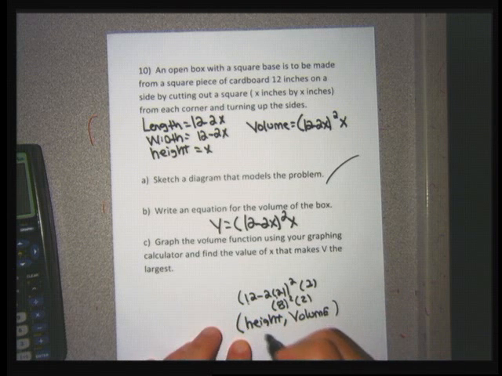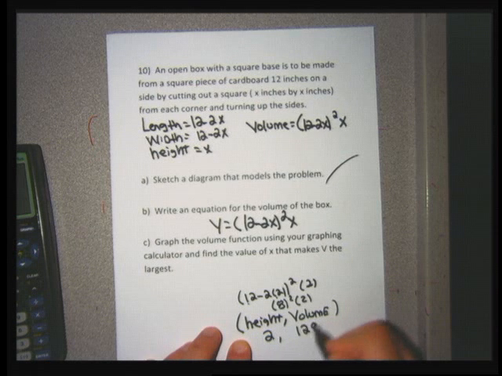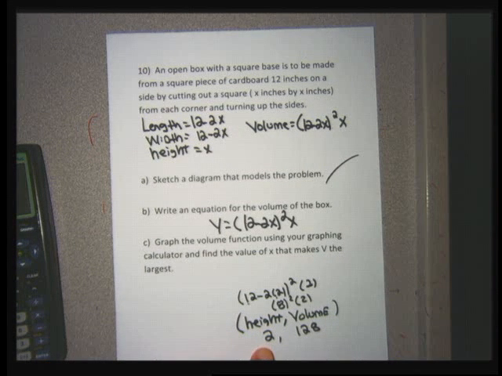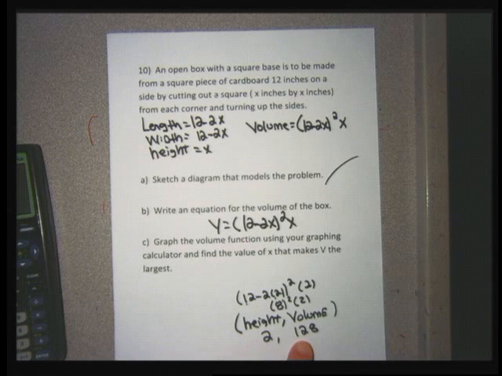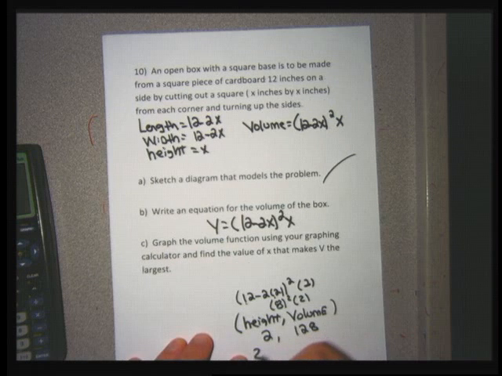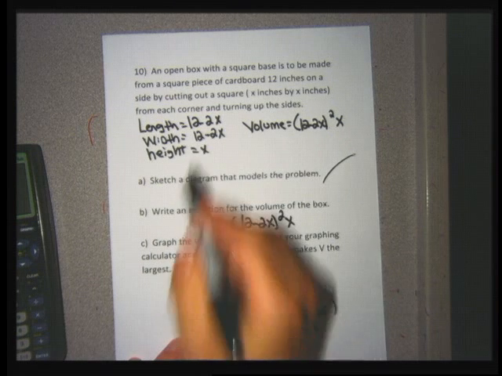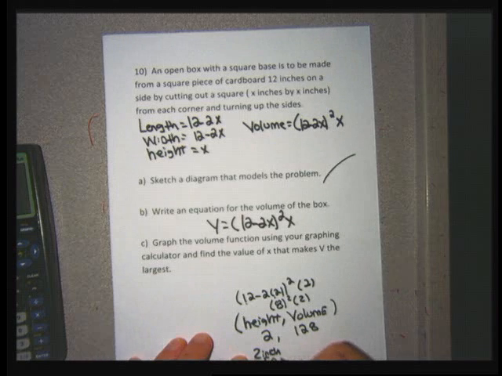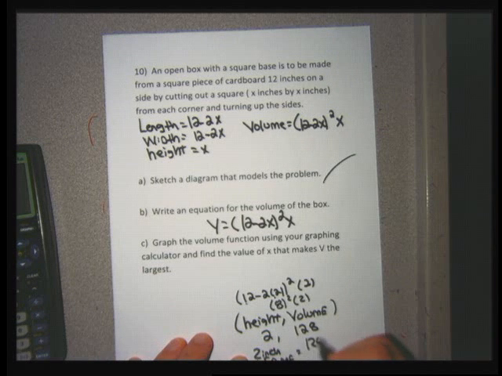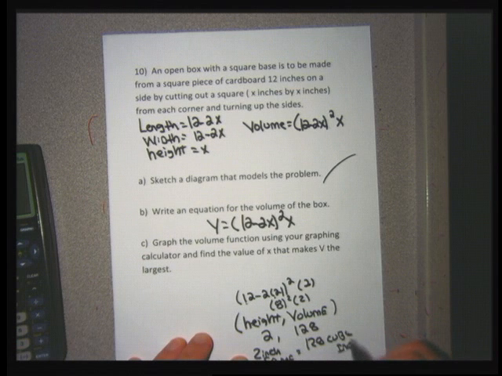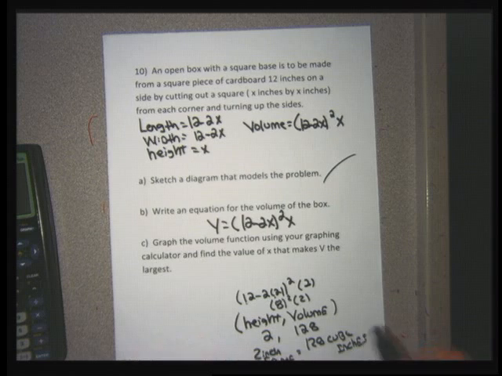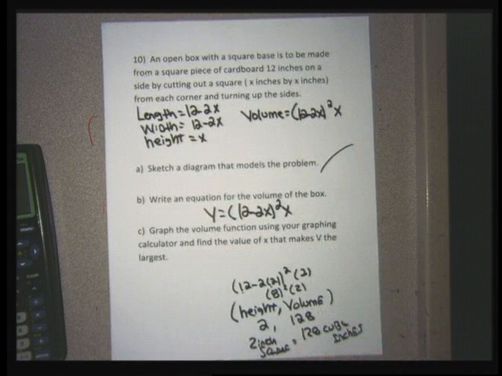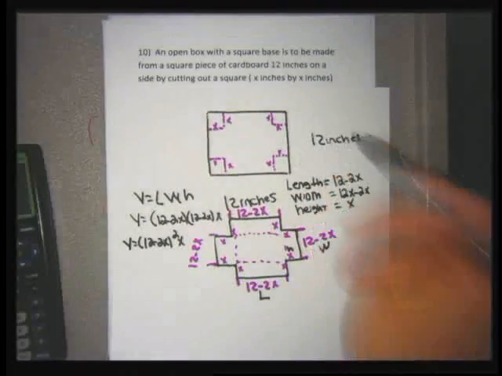So if I plug in 2 and I get 128, this says if I cut out a 2-inch notch, the volume of the box is 128 cubic inches. So if a 2-inch square cutout gives a volume of 128 cubic inches, then every point on the graph has an x coordinate that is the size of the little notch that you cut out. The y coordinate is the volume.